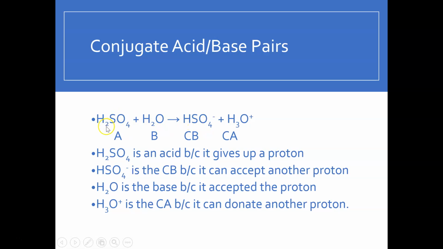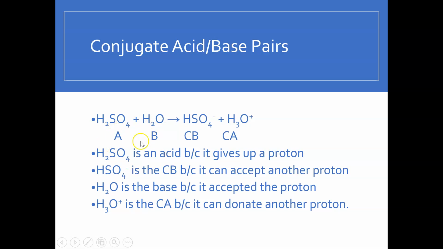We have H2SO4 here with hydrogen being essentially just a proton, and over here we only have HSO4-, meaning it lost that hydrogen, it lost that proton. That makes HSO4- the conjugate base because it can accept another proton. It has that minus charge, it's looking to take a proton back.